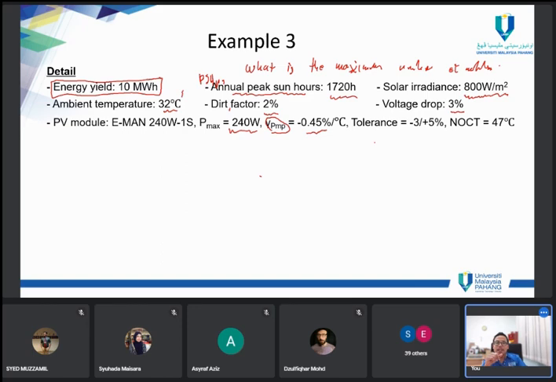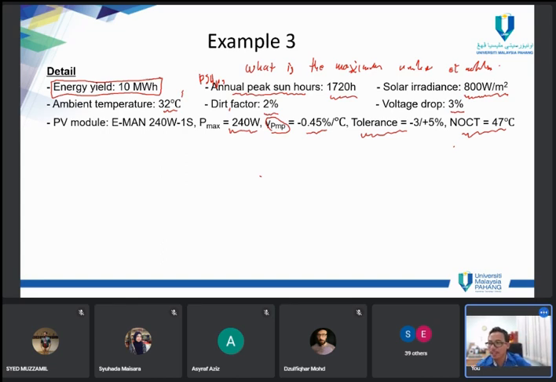Next is the tolerance, given as minus 3% plus 5%. And then the NOCT is given as 47 degrees C. So these are all the values that I purposely put in the slide so that it's easy for you. You don't have to extract them from the module datasheet.